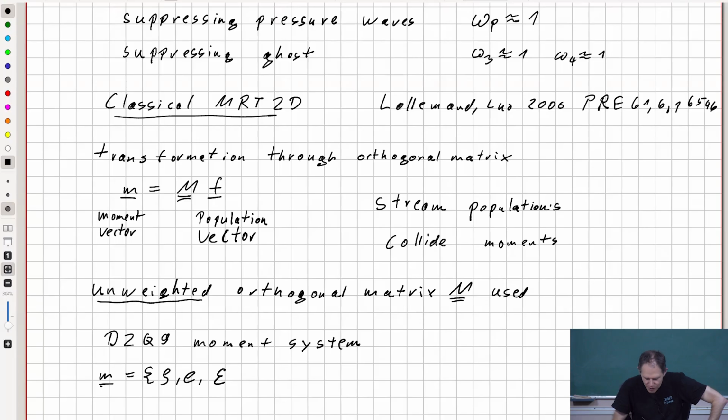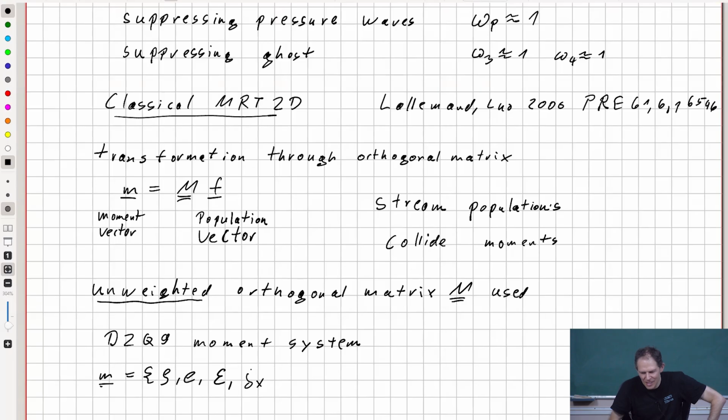Then they unfortunately have something that they call epsilon, which is a fourth order moment and is related to the energy square, because they could not come up with anything else what it could mean. Then, okay, this is zero moment, second moment, fourth order moment, and now comes this first order moment. They are not ordered here by their countable order.